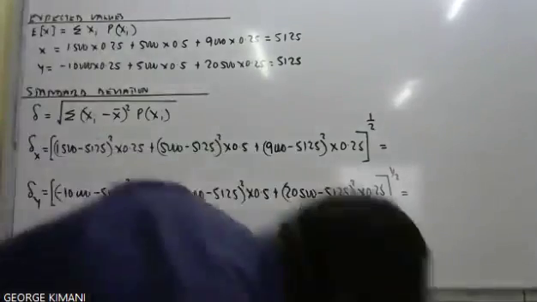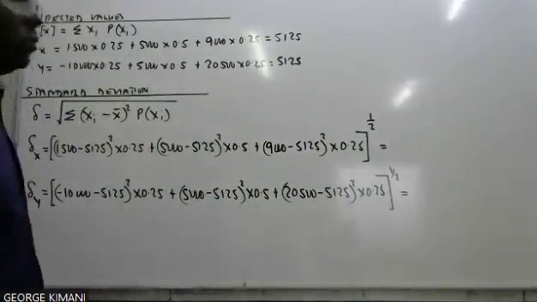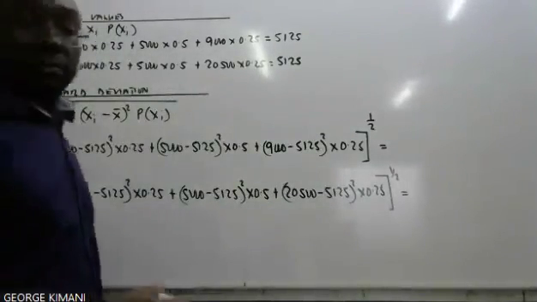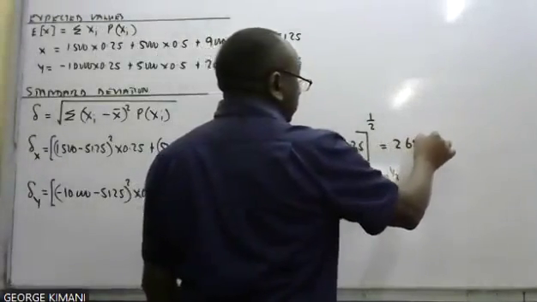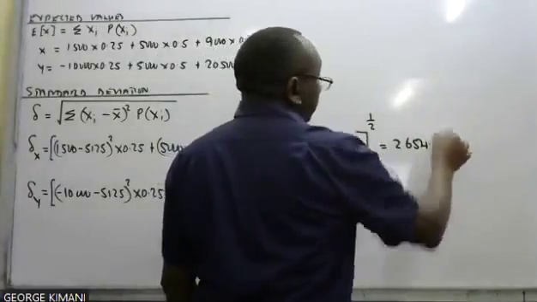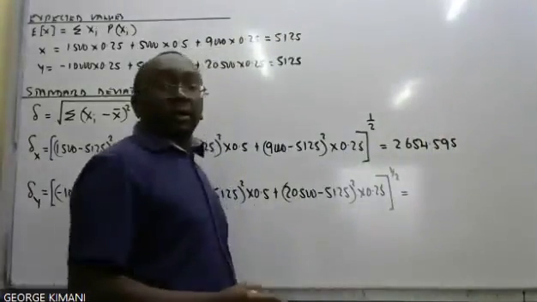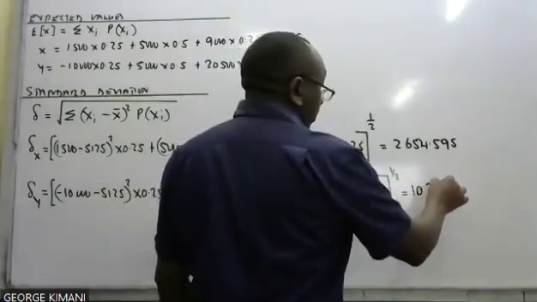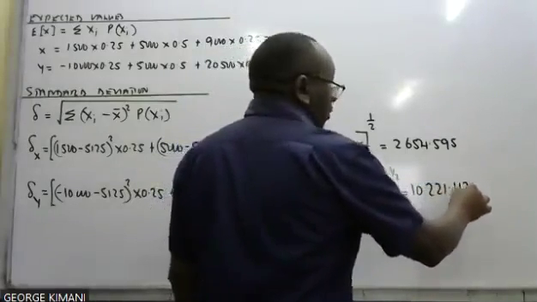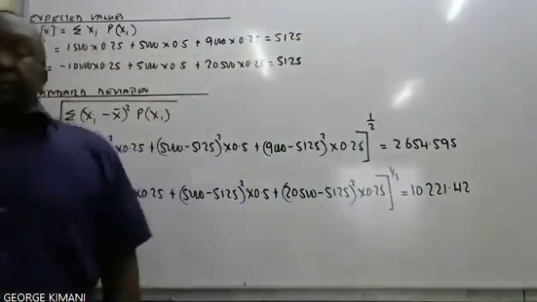What do you have? It was 2,654.595. This one. The second one? Second one is 10,221.4. Someone else to confirm?